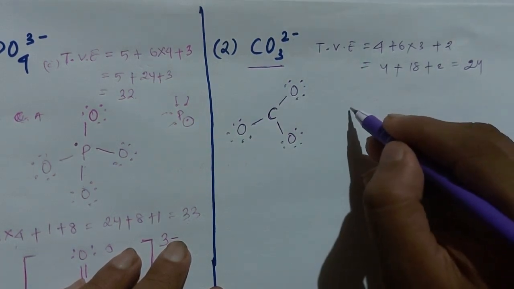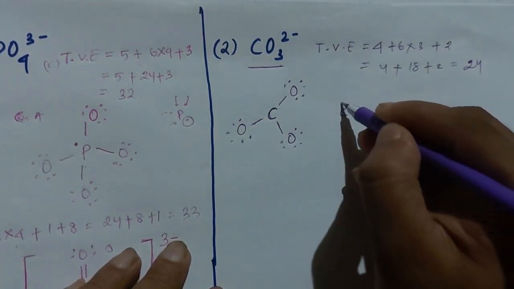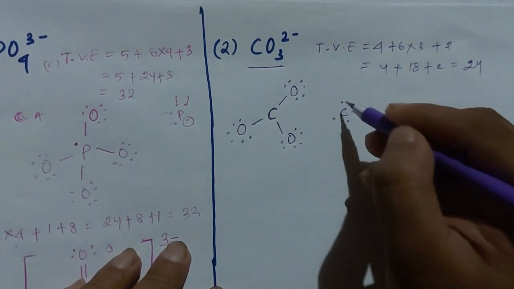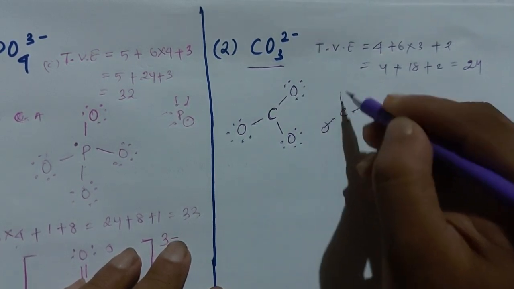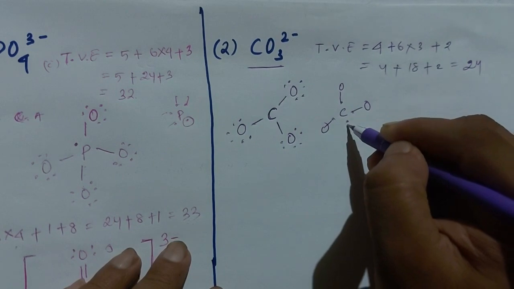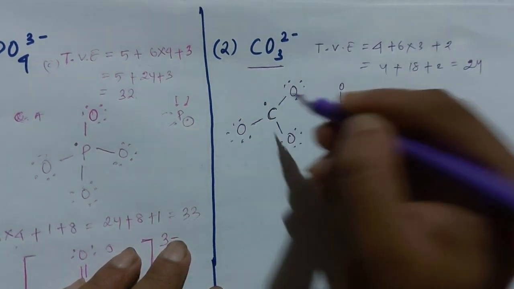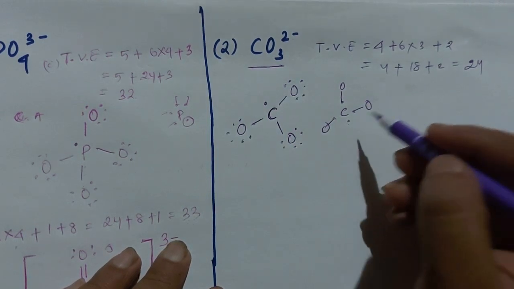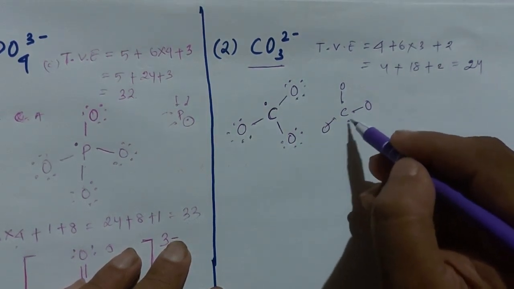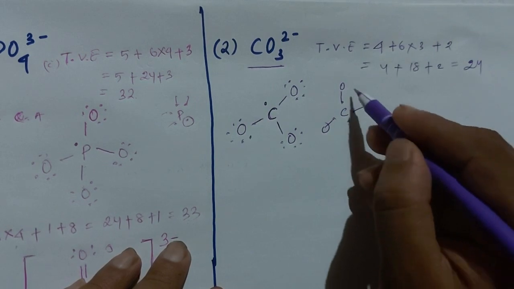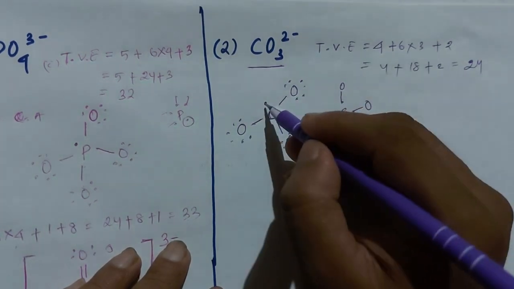Now carbon has 4 valence electrons, and already 3 bonds with the oxygen. How many electrons are left around the carbon? That is 1, so we fill the electron here. The number of electrons left after forming bonds with the terminal atoms we add here.